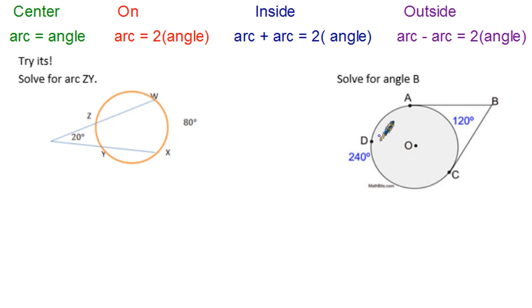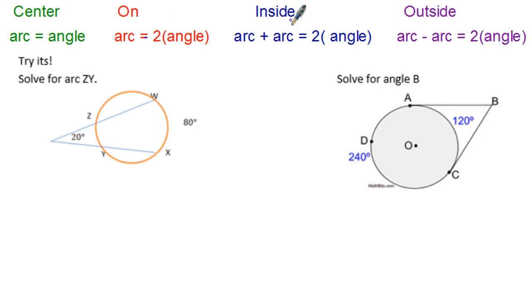When you're doing these problems, now we have 4 different places that the angle can occur. Anytime you get to a problem, you should ask yourself, where is the vertex of the angle? If the vertex is in the center of the circle, then you're going to use the formula arc equals the angle. If your vertex is on the circle, that's an inscribed angle, so that's going to be arc equals 2 times the angle.